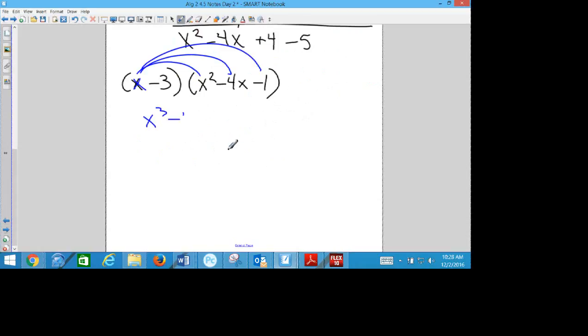X cubed minus 4x squared minus 1x. Then I'm going to multiply everything by negative 3, so we get negative 3x squared plus 12x plus 3.